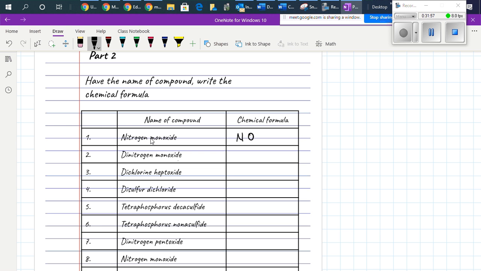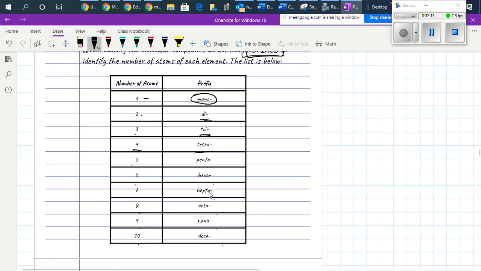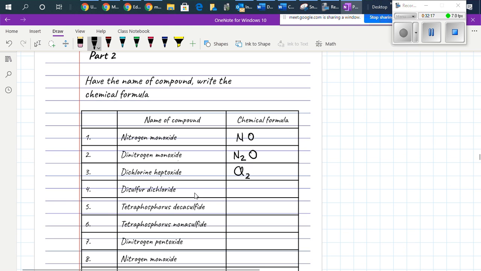Dinitrogen monoxide, N2O. Dichlorine heptaoxide. So chlorine is 2, and hepta, in the table here, you have to remember this table, guys, is 7. So it will be O7.